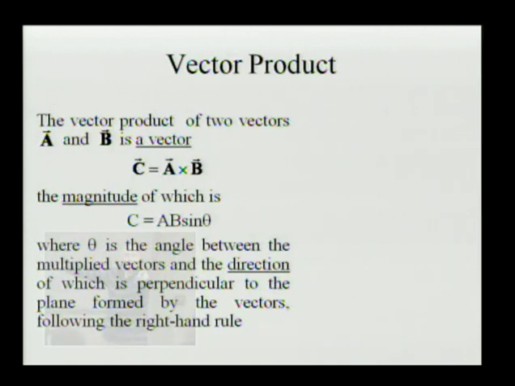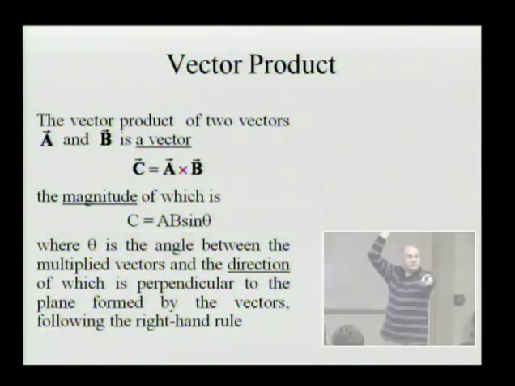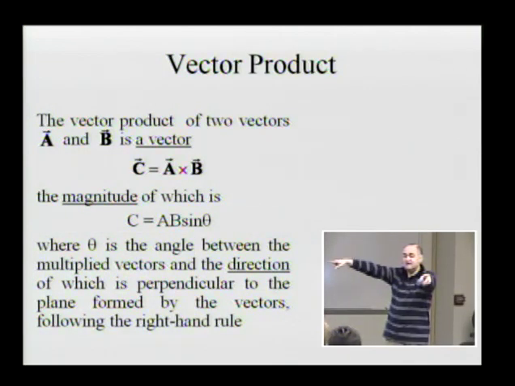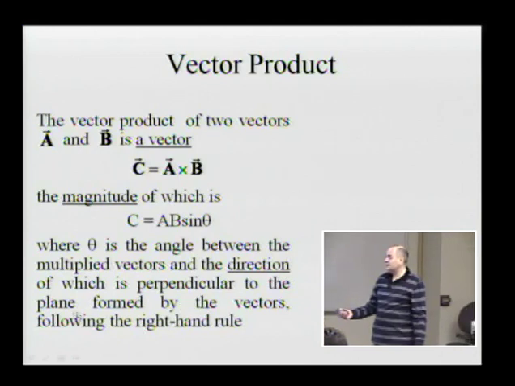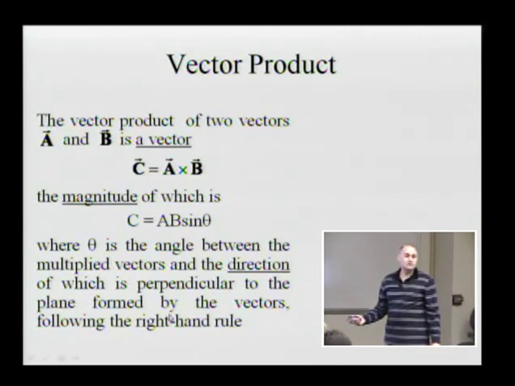So up, for example, is perpendicular. Can you find another perpendicular? Down, correct. So we have two options. Now, we cannot say that the result is up or down. We have to make sure which way. So from those two, we have to select one following the right-hand rule. And this is how we define this product.